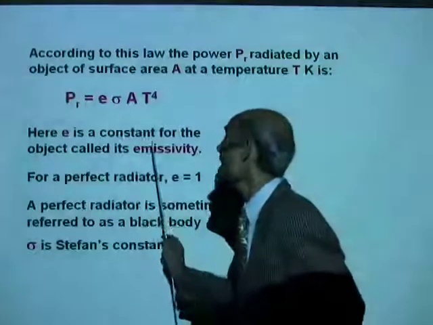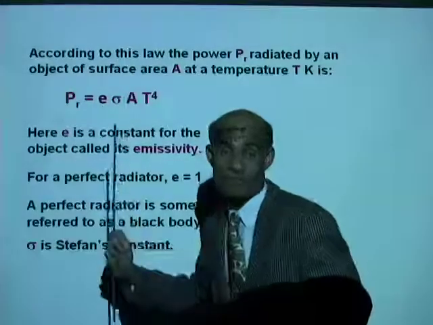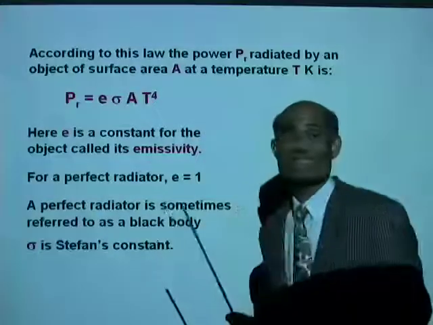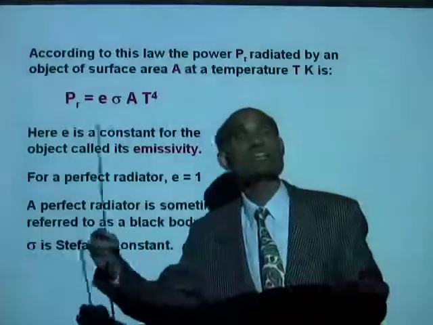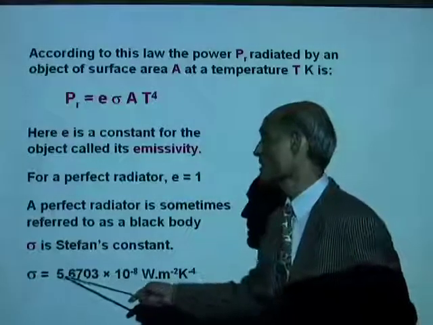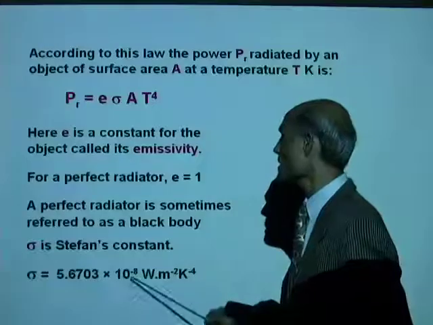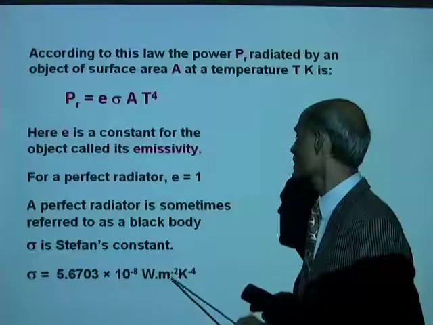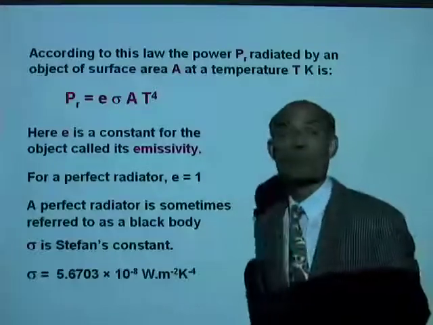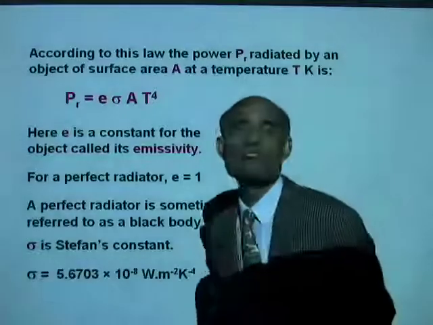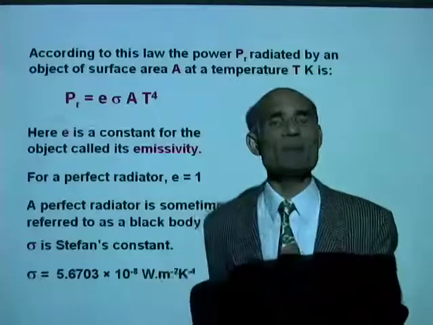So E is the emissivity of the material, and sigma is called Stefan's constant, which is determined experimentally, and it has this value, 5.6703 times 10 to the negative 8 watt per meter squared per Kelvin to the 4. Now, these values will be given to you in a problem, so you don't need to worry about it.